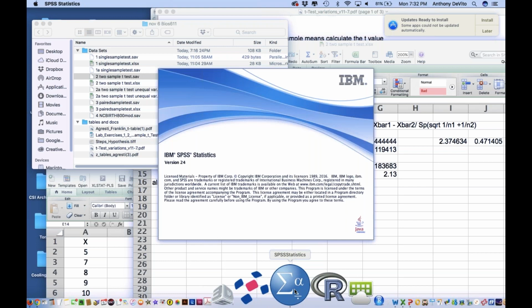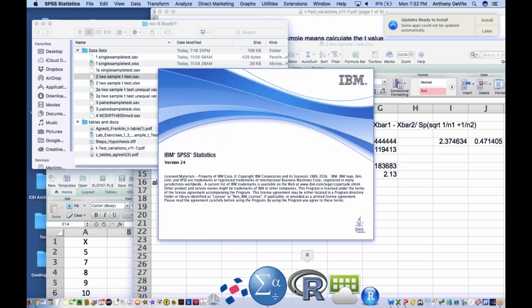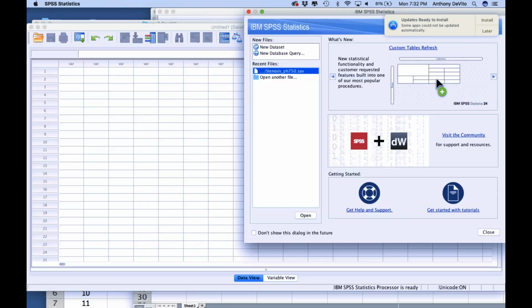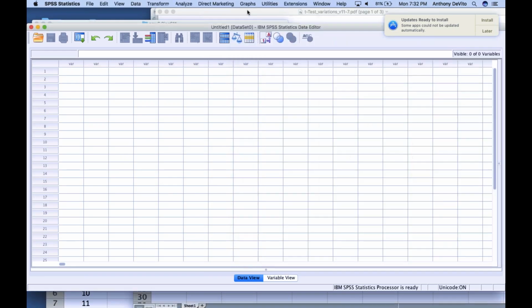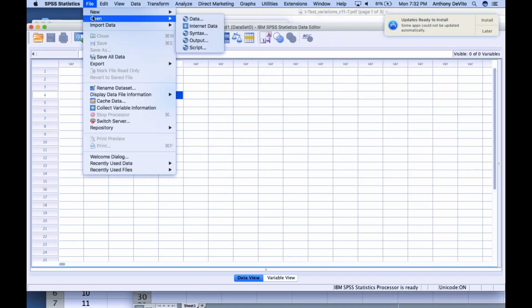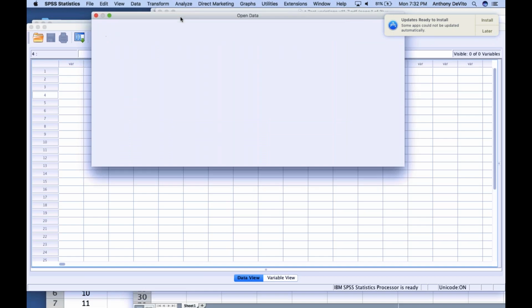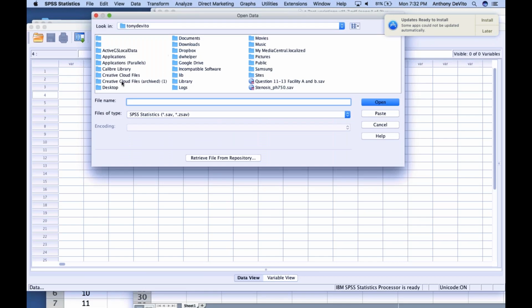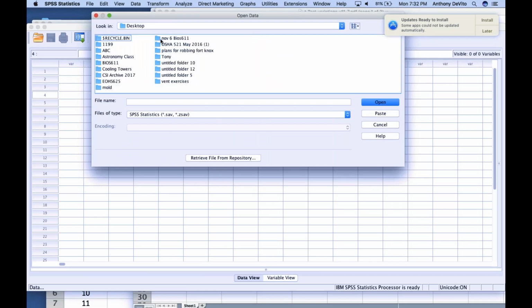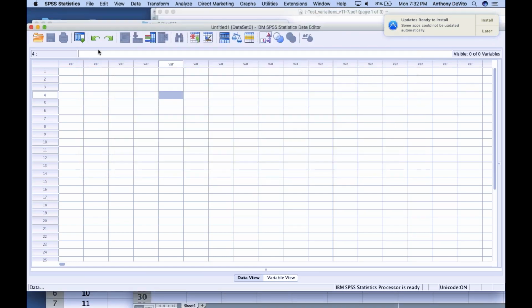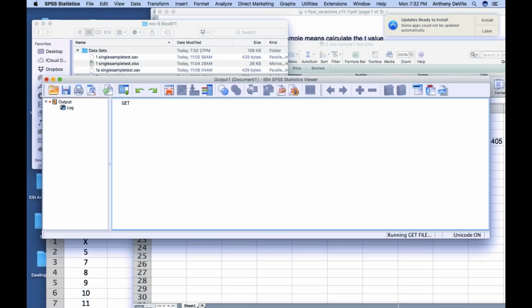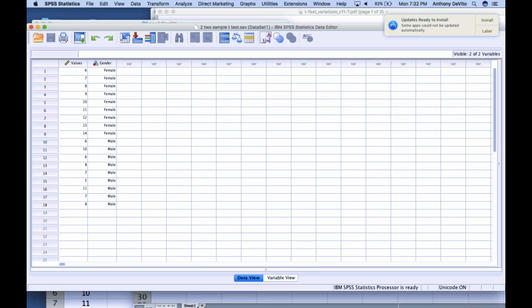Okay, let's open up SPSS. I'm going to open that file. Open, data, navigate to that file. On my desktop, it's in that folder, data sets, sample t-test. This is the same data that we just worked with. Okay, there it is imported.